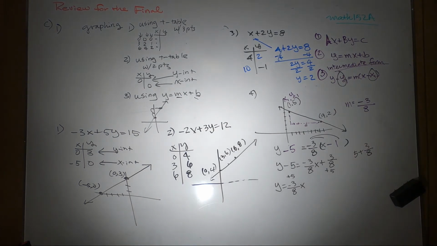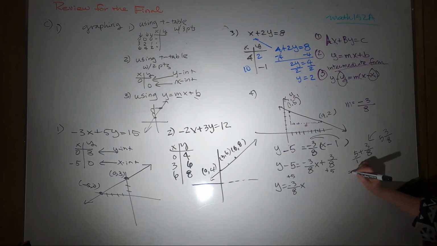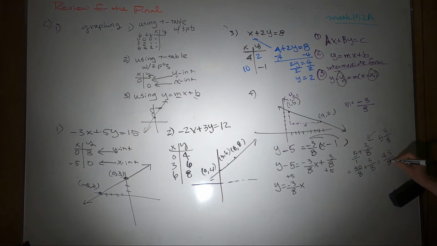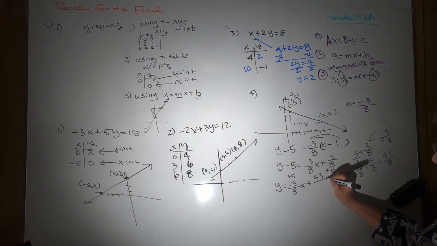Okay? So usually it's a 5 and 3/8, but we don't write it as a mixed number anymore. We write it as an improper fraction. So you combine them with the LCD. That's 8 times 5 is 40, plus 3 is 43/8. Right? So that would be plus 43/8.